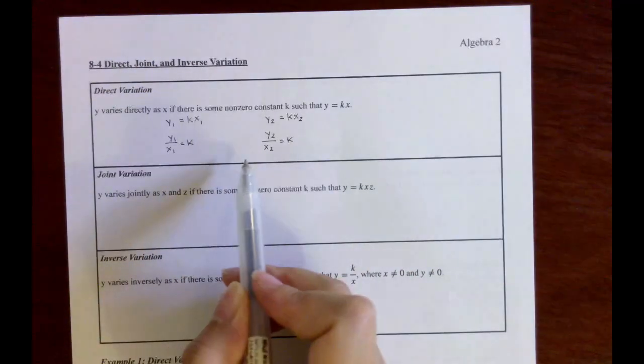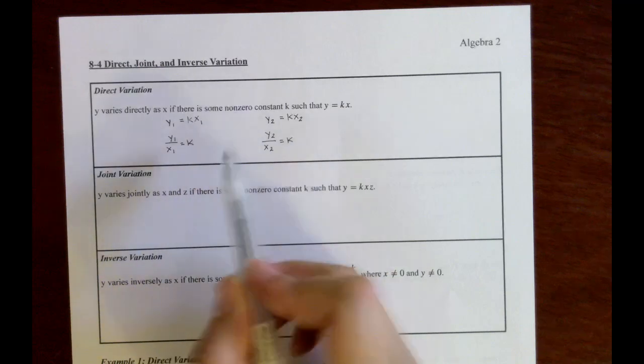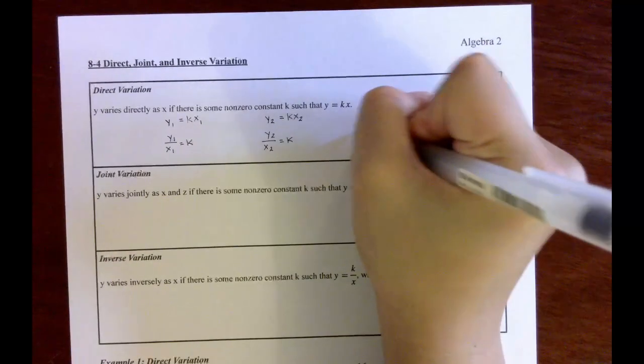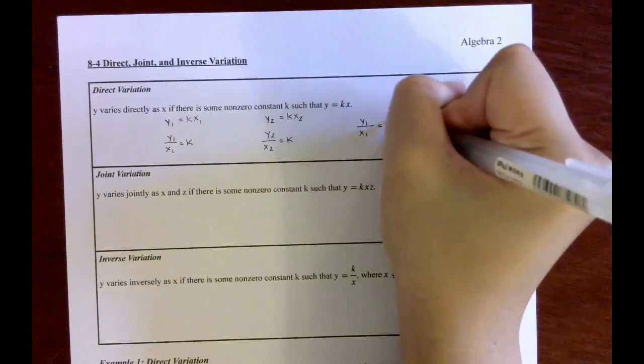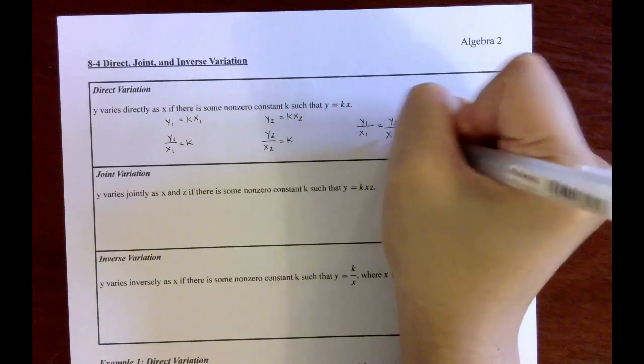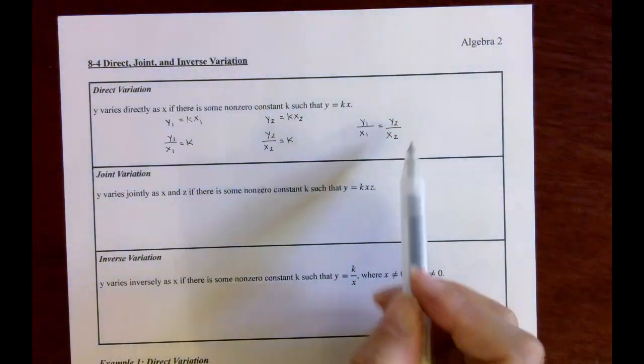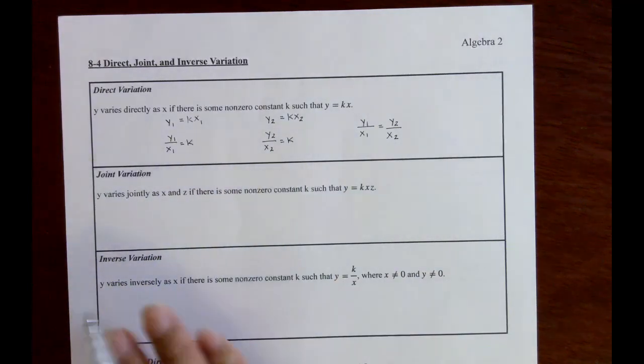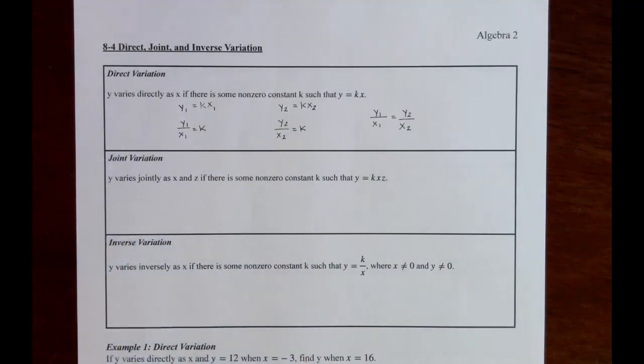And since both of them represent k, if we're given an x and y pair, we can find the missing one by setting them equal to each other, like this. And so that's why when you see your book solving it, it's going to be doing this. Okay? And I'll show you both ways when we get to our first example of direct variation.